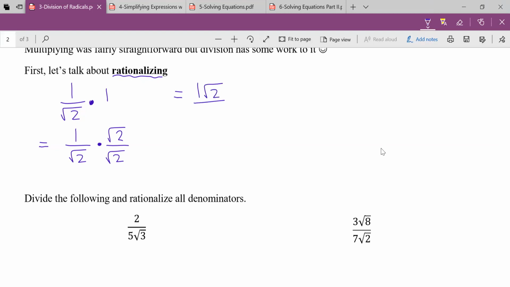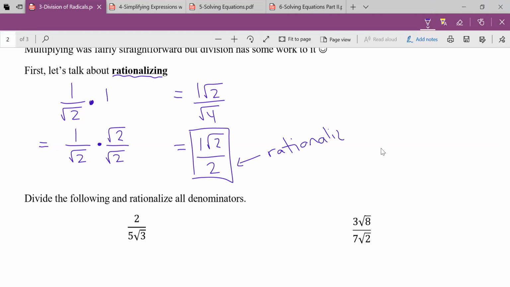So square root of 2 times the square root of 2 is the square root of 4. But guess what? What's the square root of 4? 2. There it is. That is rationalized because there is no radical in the denominator.